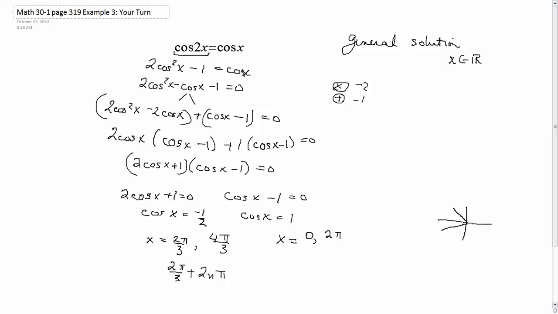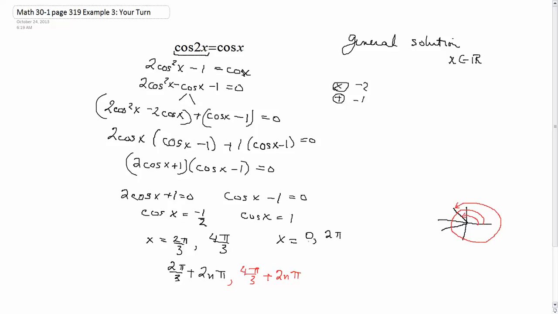Imagine if n was 0, that gives us 2 pi over 3. If n is 1, we have 2 pi over 3 plus 2 pi, going all the way around like that. And then for the 4 pi over 3, it works exactly the same way. We have 4 pi over 3 plus 2n pi.